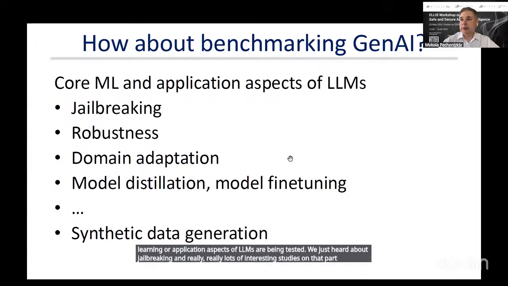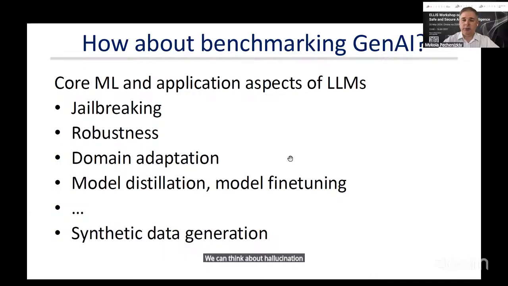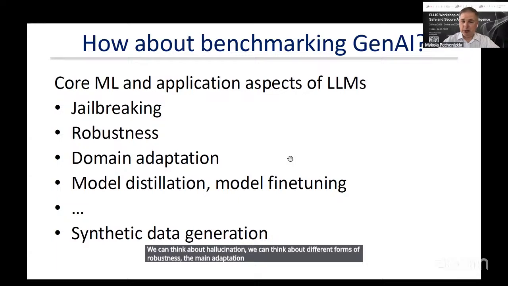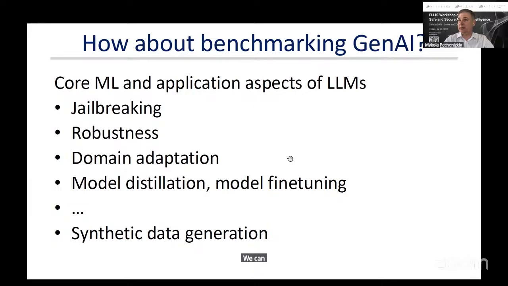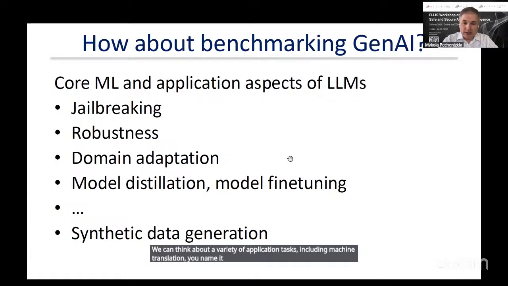We can think about hallucination, different forms of robustness, domain adaptation, model distillation, model fine-tuning, etc. We can think about a variety of application tasks, including machine translation, you name it. I would like again to draw your attention to a couple of examples. The first one is about synthetic data generation. Next slide, please.